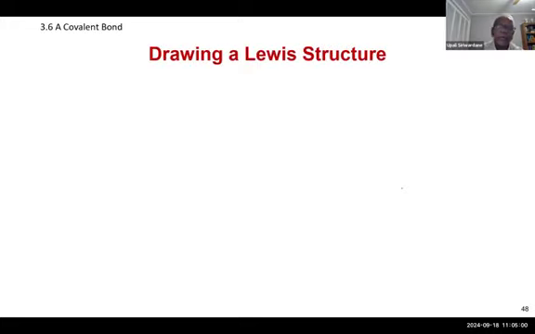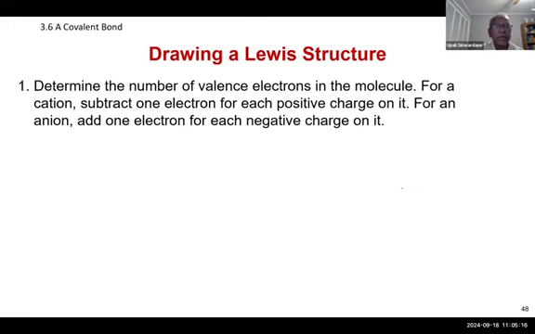So we use Lewis structures to show the electron distribution in the valence shell of a molecule formed by covalent bonds. Drawing Lewis structures for molecules is an important step in describing covalent bonds.